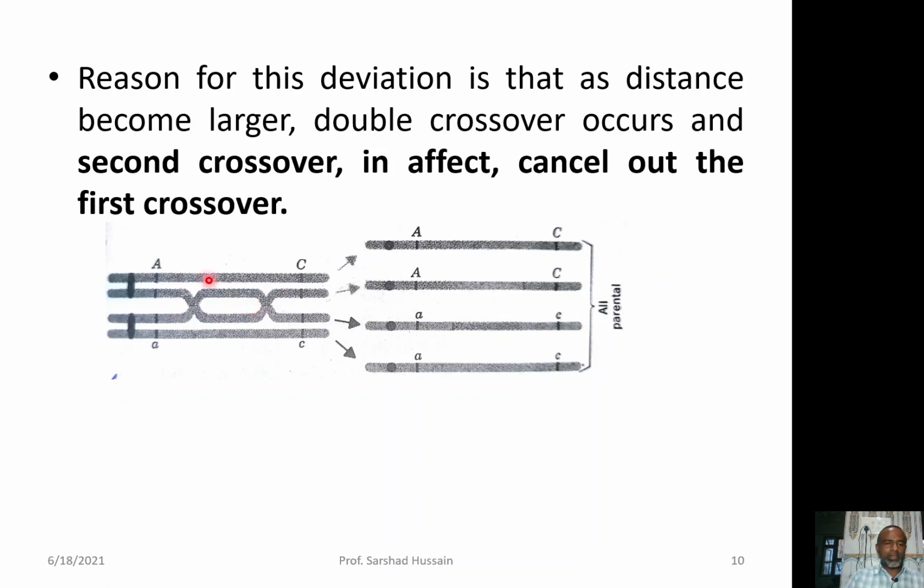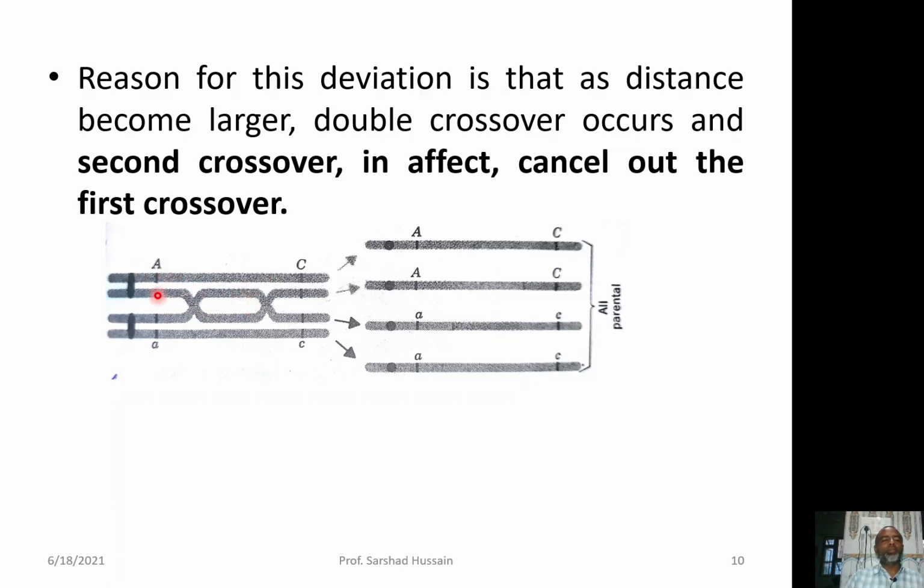Another reason is that if the genes are located very close to each other, they will not have enough chance of crossing over, because we have seen in the linkage group, when the genes are present very close to each other, the linkage is very strong, and once the linkage is very strong, crossing over does not take place. They will not lead to the recombination of these two genes in the offspring.